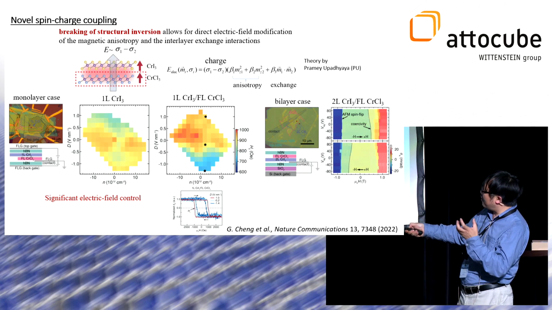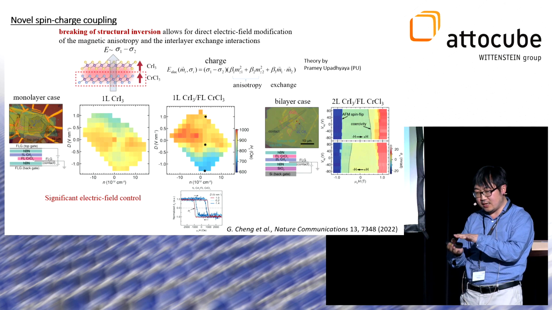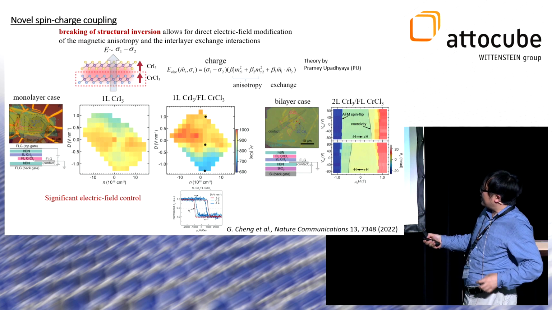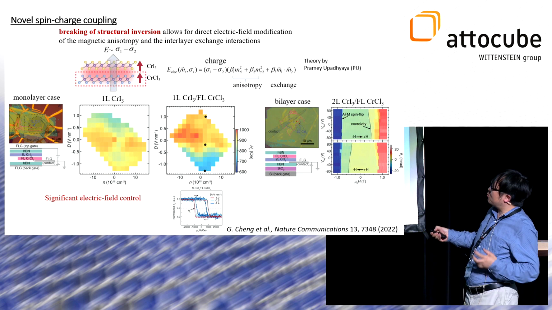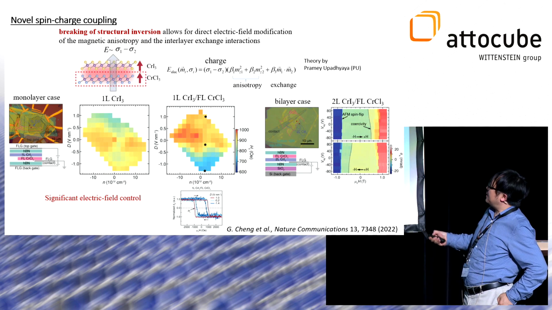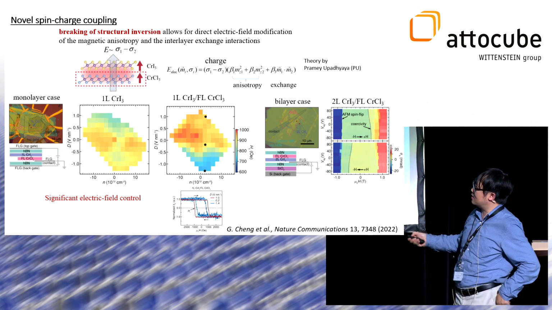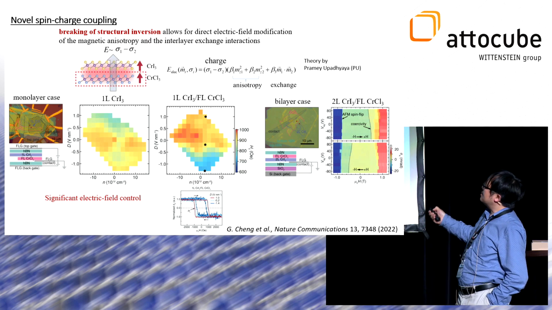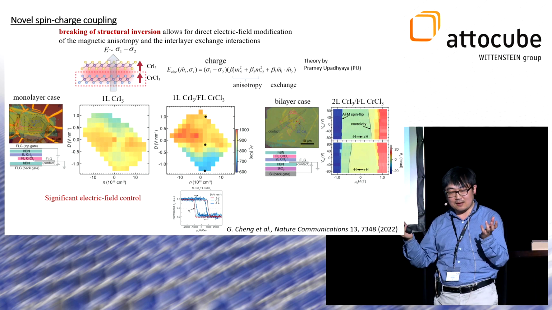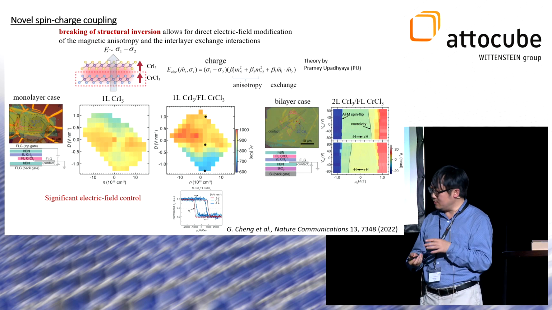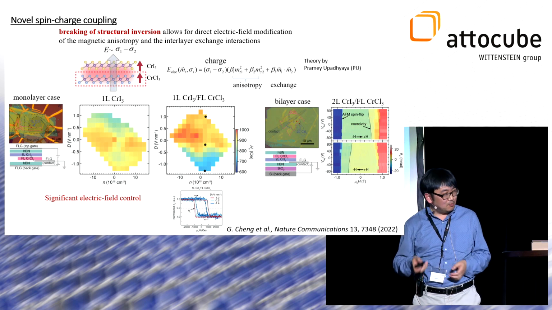When you perform gating, because now you have this asymmetry in structure symmetry, you can actually enhance the magnetic-electric response. The electric tuning of the response is much stronger in this heterostructure compared to each individual material, which is consistent with a new kind of magnetic coupling becoming available when you have this asymmetry, which you can reveal in these gated MOKE measurements.